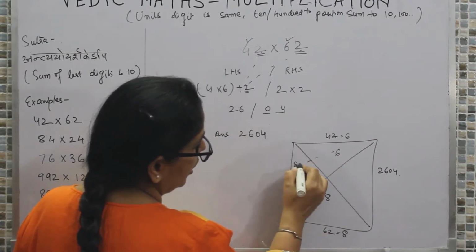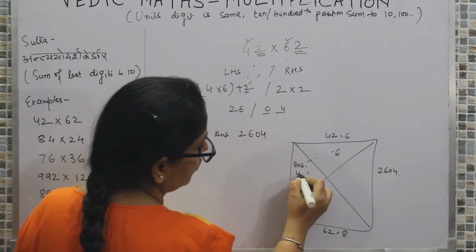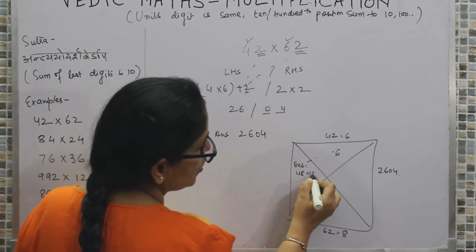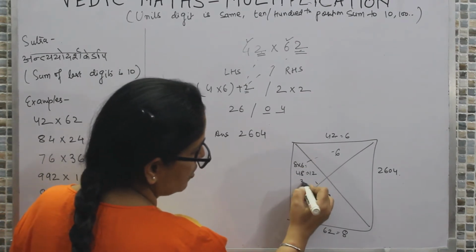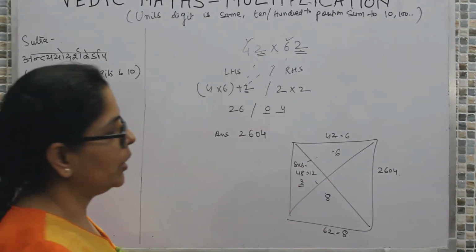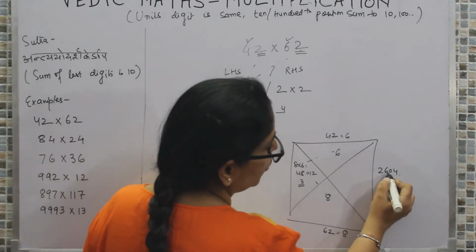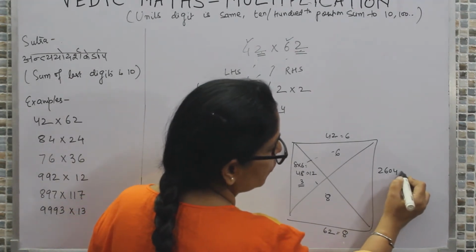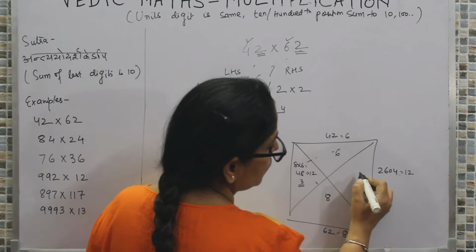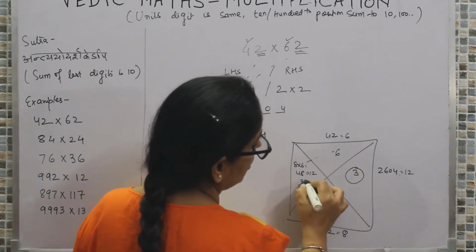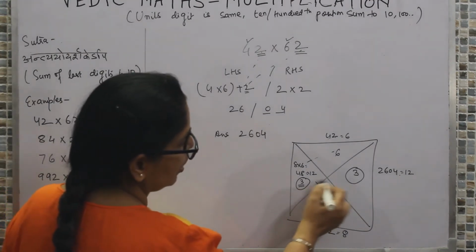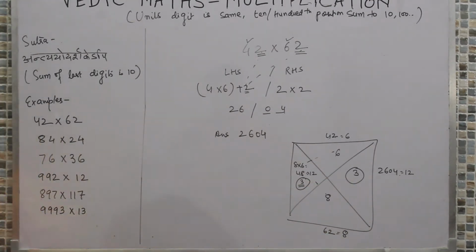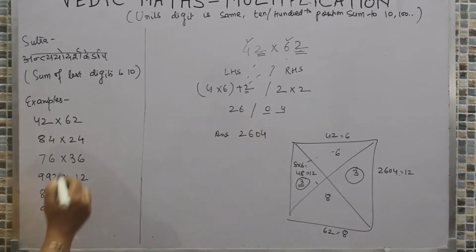Here it will be 8 into 6, that is 48, and 4 plus 8 is 12, and 2 plus 1 is 3. On the answer side, 2 plus 6 is 8, 8 plus 4 is 12, and 2 plus 1 is 3. We are getting the answer right, because the digital sums of both values match. Now let's take the next question.